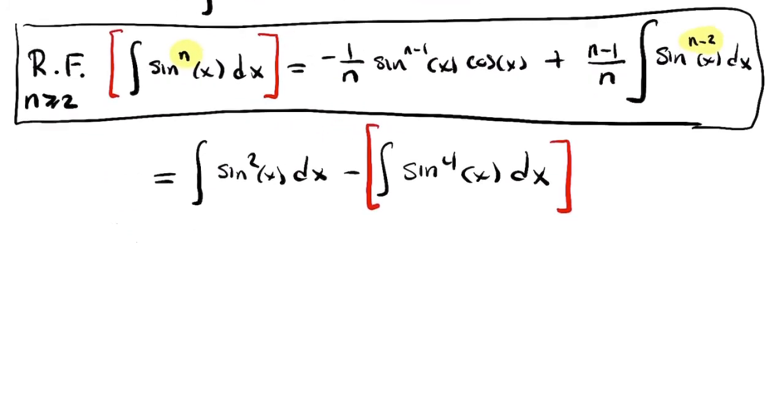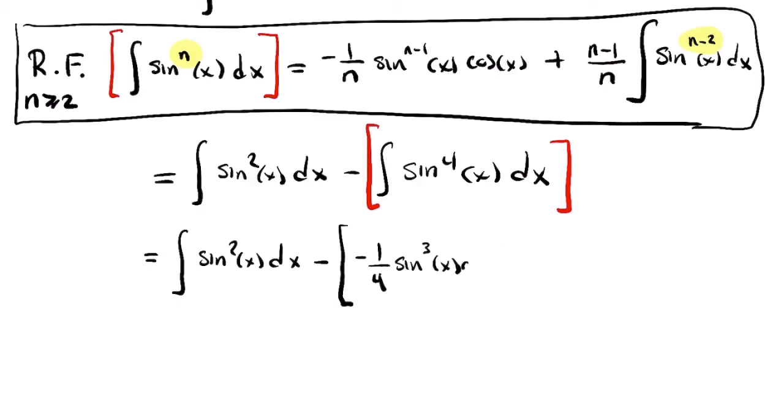All right, so let me keep the reduction formula in view. This integral of sine squared is just going along for the ride. Minus, put a bracket because there's going to be more than one term. And now I'm looking at the reduction formula with n equal to 4. So I've got minus 1/4 sine cubed times cosine plus n minus 1 is 3 over 4 integral of sine squared.